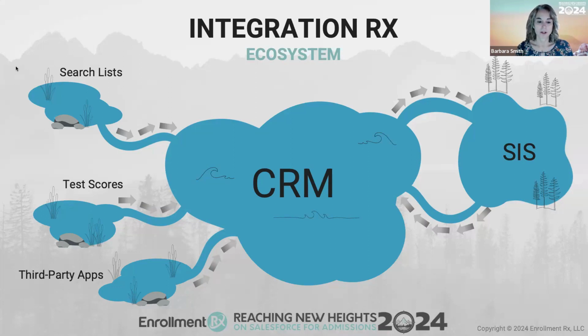As Lawrence has talked about, those third-party apps, so those Common App, et cetera, we have clients where the majority of their applicants are coming in through Common App. We're very good at loading that data into the CRM. Again, you're nurturing them, you're doing checklists, what do they need to complete in order to be admitted? We start to move those to your SIS at whatever status that you would require.